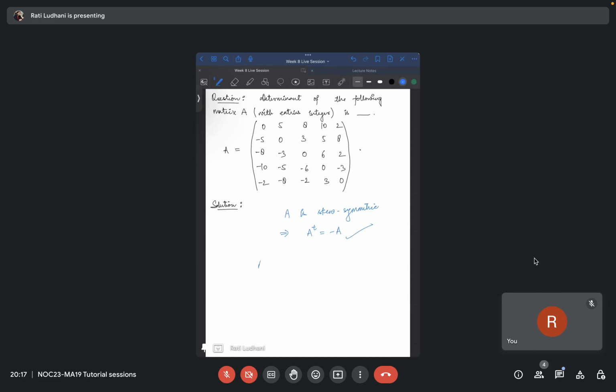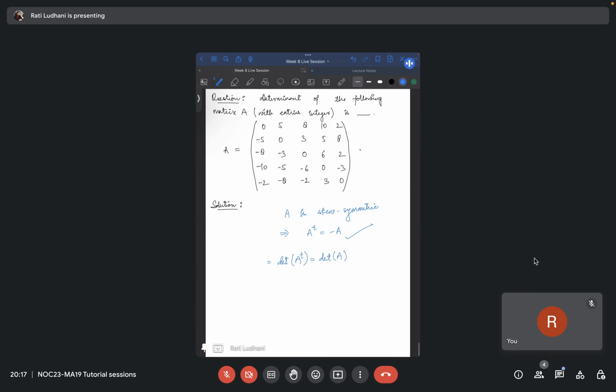Determinant of A transpose is determinant of minus A. So that should be minus 1 to the power 5 determinant of A, and that is equal to minus determinant of A. And determinant of A transpose is also determinant of A. So determinant of A equals minus determinant of A. That means determinant of A equals 0.